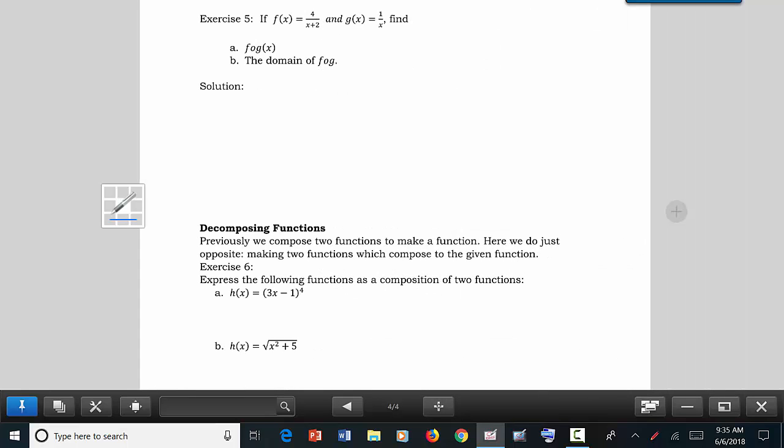Now exercise number 5. F of g of x, that is the meaning of that notation. If g of x is 1 over x, that means we replace x by 1 over x in f. So 4 divided by x is replaced by 1 over x, plus 2. This is the final answer, but you can simplify a little bit more.